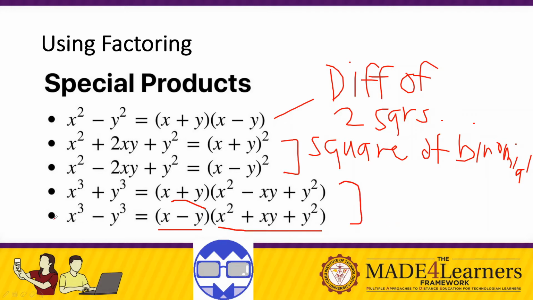Of course, it's very obvious, if this is the difference of two squares, this is the sum and difference of two cubes.